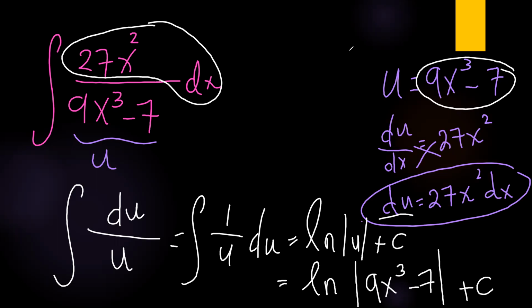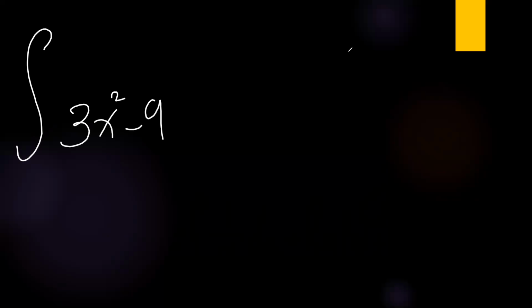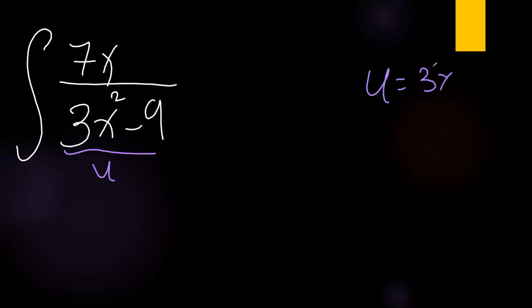Now, sometimes you have an example like this. Integration of 3x squared minus 9 over 7x. Let's assume that this is u. So u is 3x squared minus 9.